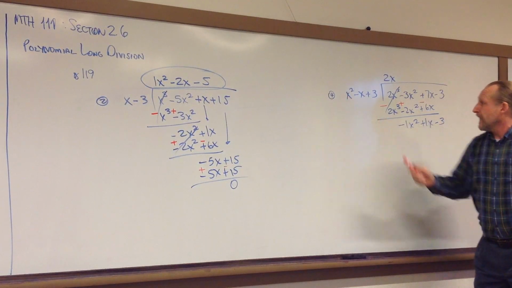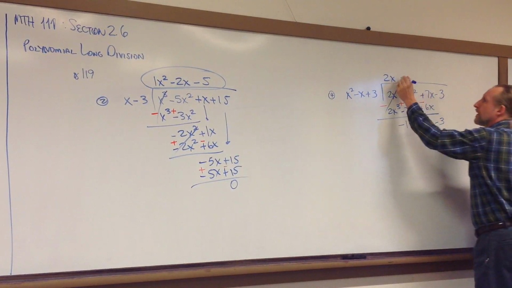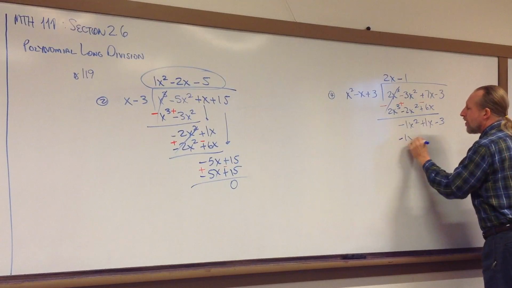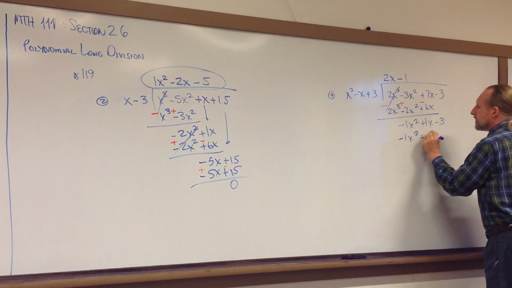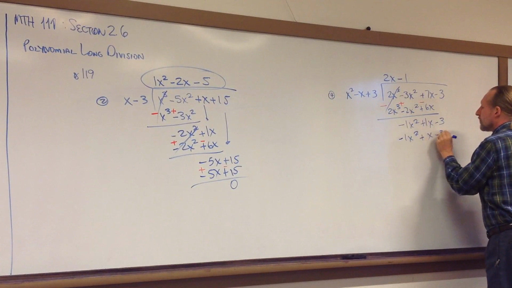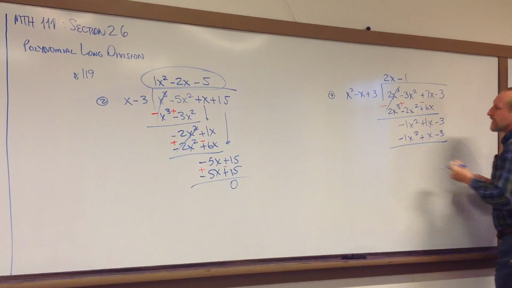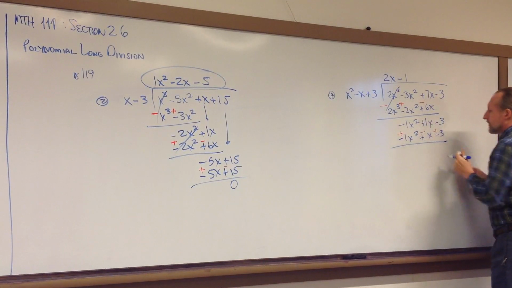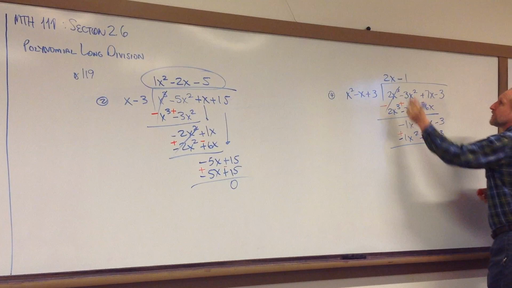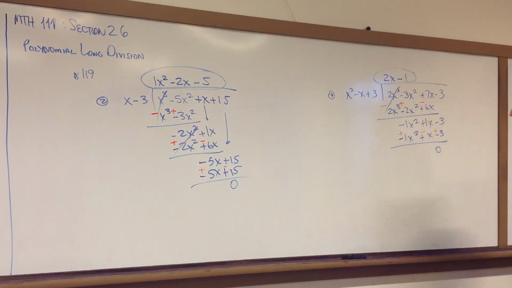Now, what do you multiply x squared by to get negative 1x squared? Negative 1. Distribute here, that'll be positive, and there will be negative. And again, they match up so that when we change the signs, we come out with a 0 remainder, and there's our answer.